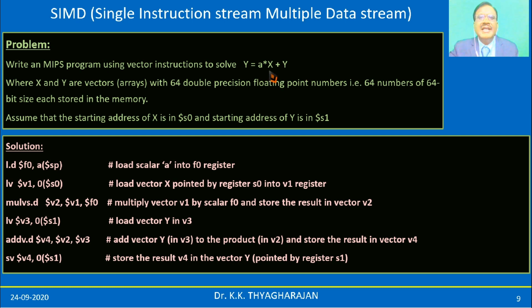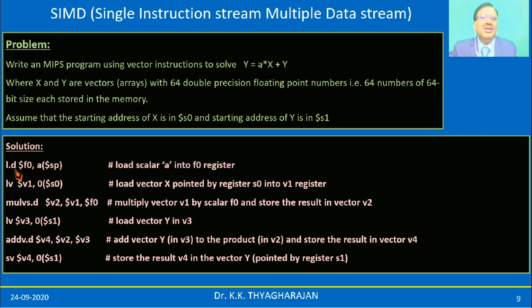The vector X is to be multiplied by a scalar a, and the result should be added with vector Y, and the final result should be stored in vector Y. You assume that the vector X is pointed to by the register S0 and vector Y is addressed by the register S1. So how to write the program for this?